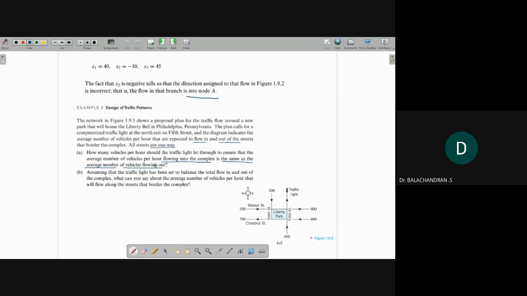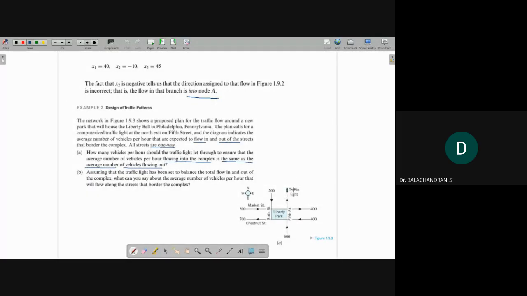Under this condition, we need to assume that inflow equals outflow.